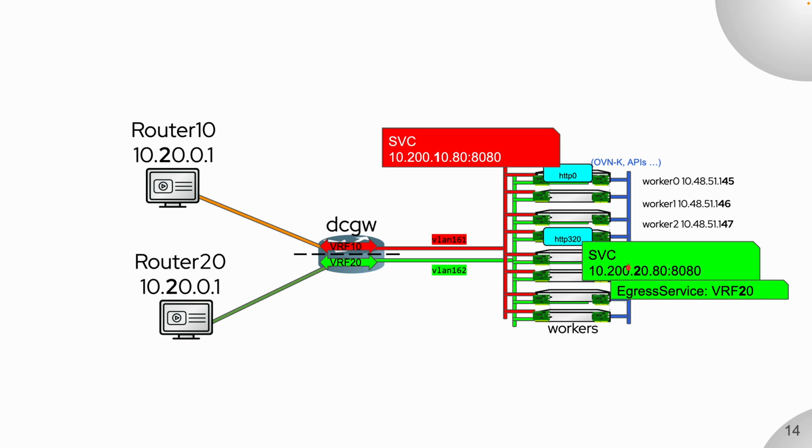What's important is this 10.220 versus the 10.210. Router 10 is going to connect to HTTP 0 via VLAN 161. Router 20 is going to connect to HTTP 3 via VLAN 162 with traffic segregation. Everything is going to work just fine.